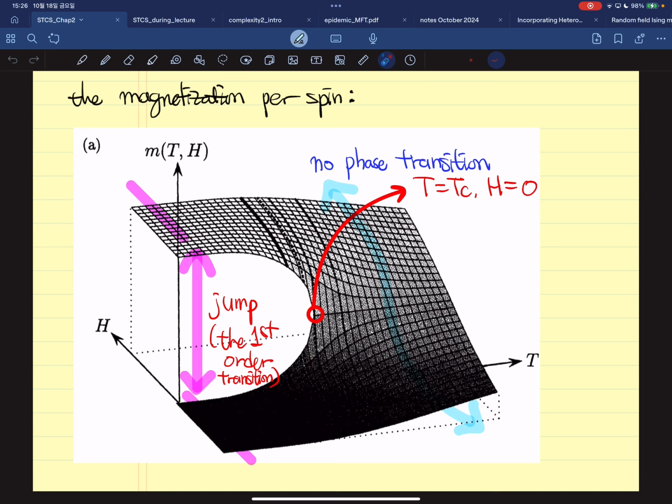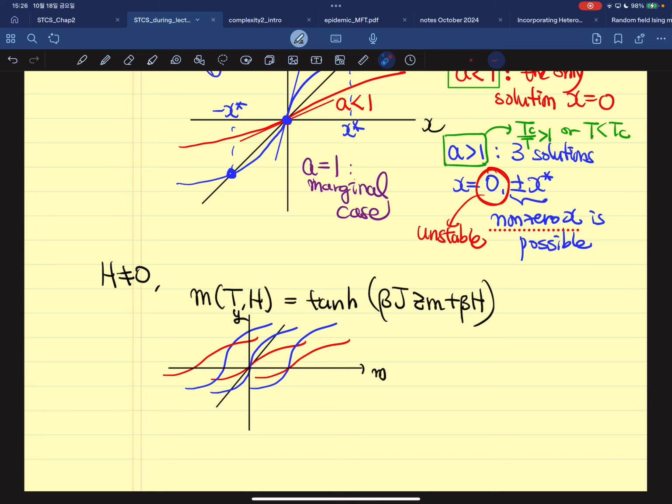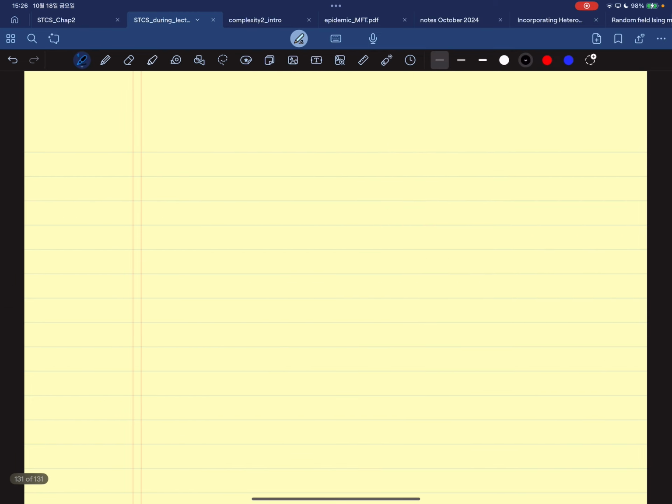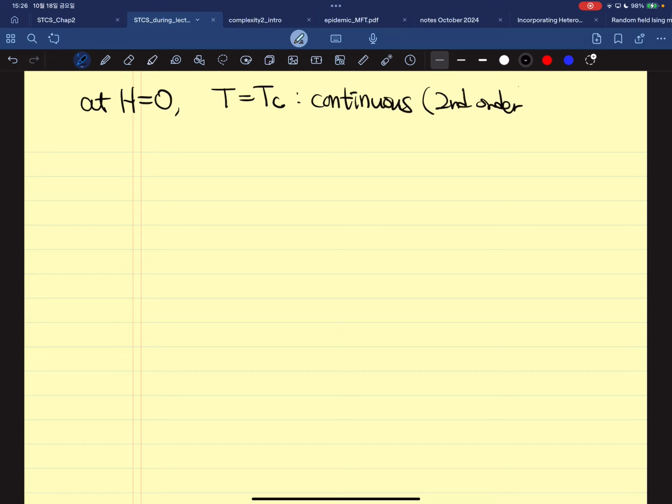So you have to be careful to say that at h equal to 0, the phase transition at T equal to Tc is a continuous or second order phase transition.